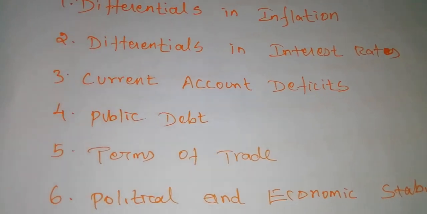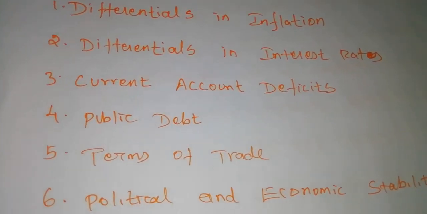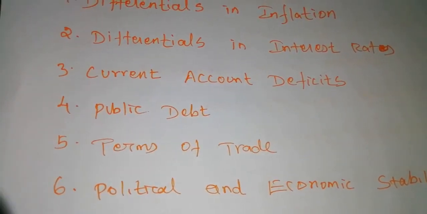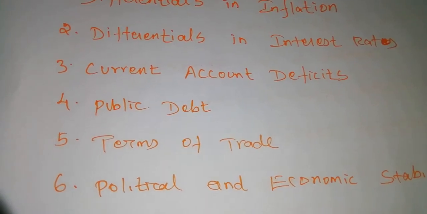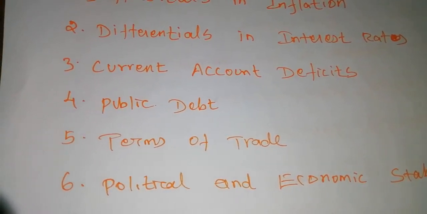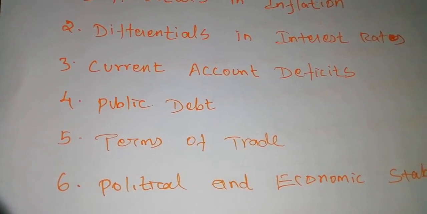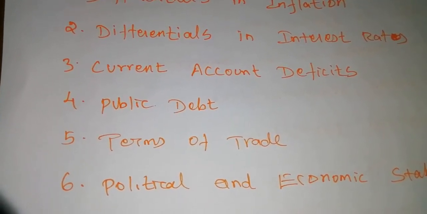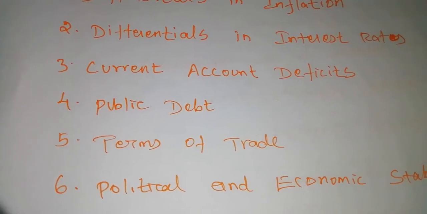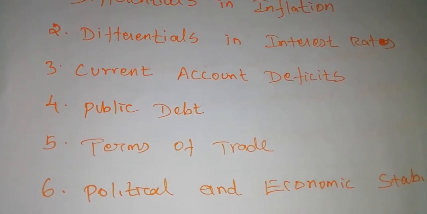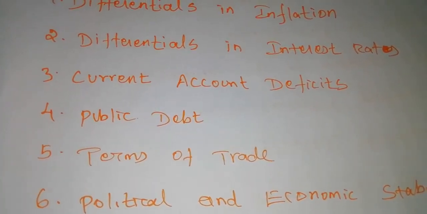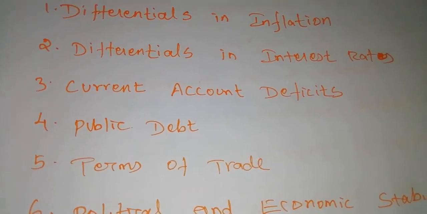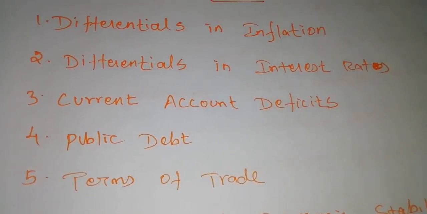Next, the current account deficit. A deficit in the current account implies an excess of payments over receipts. When we have a current account deficit, we have to pay more money, because we have less ability to export than to import.